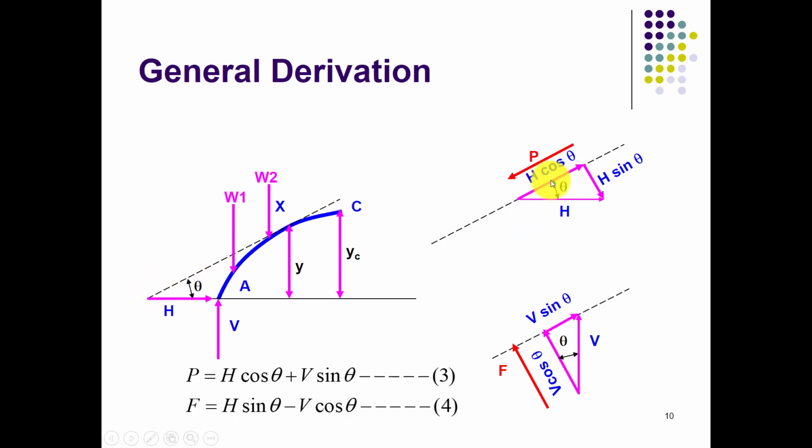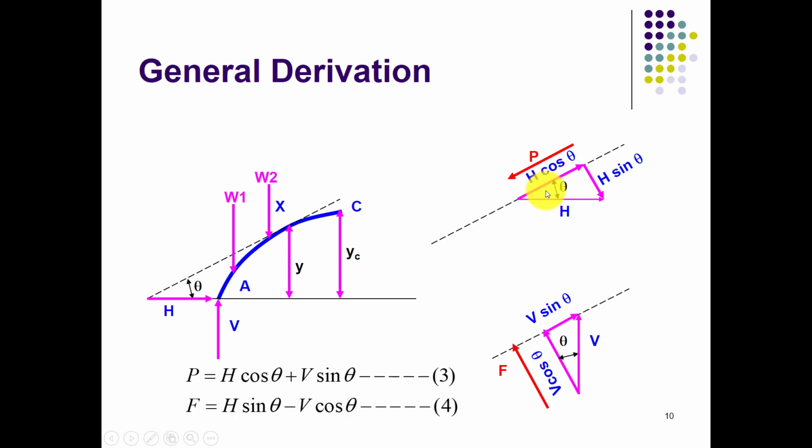So H cos theta is the horizontal component if we take the local axis as a tangent drawn to this arch. If we take the vertical component, it can be written as H sin theta, and H itself is the hypotenuse.